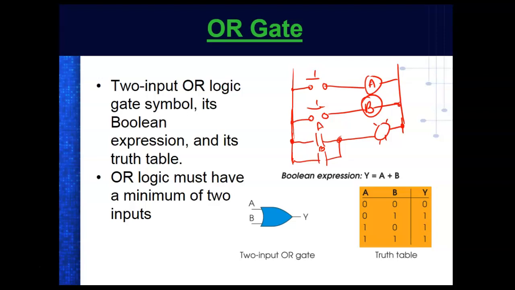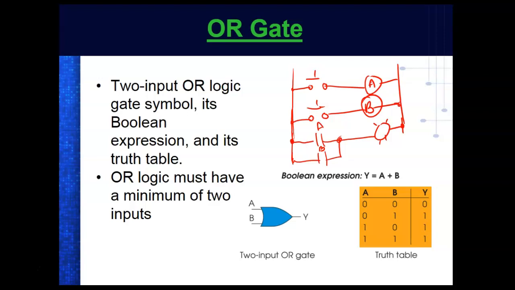And like I said, normally when we teach this, we only use 2 inputs on these OR gates and AND gates, because that only gives me 4 combinations in my truth table. But if I add 1 more input, now I jump up to 8. If I have 4 inputs, now I've got 16, right? If I have 5, now I've got 32 entries in my truth table. So truth tables are nice.